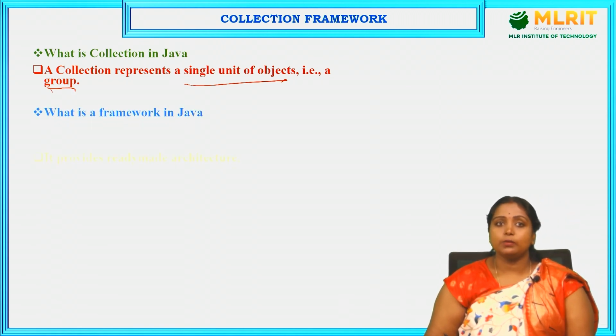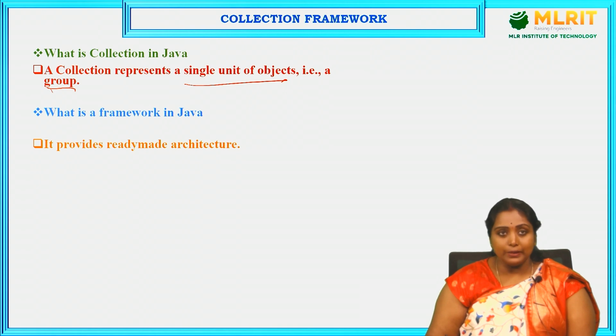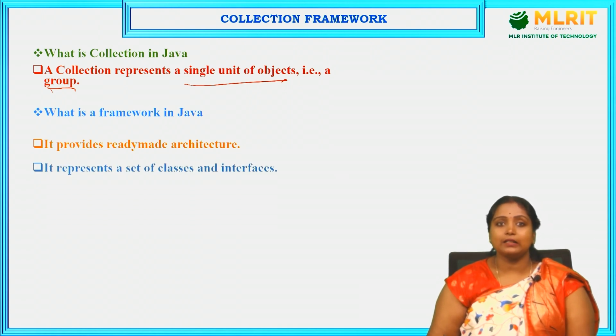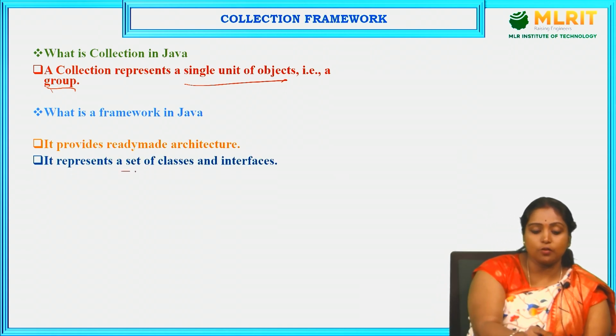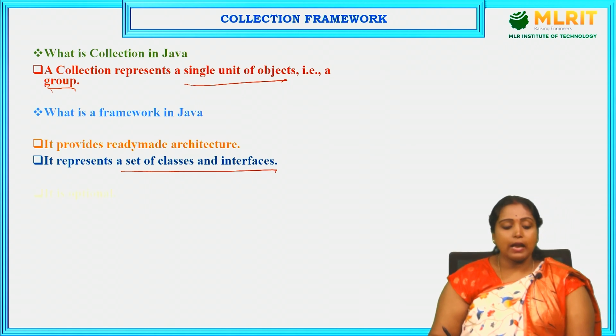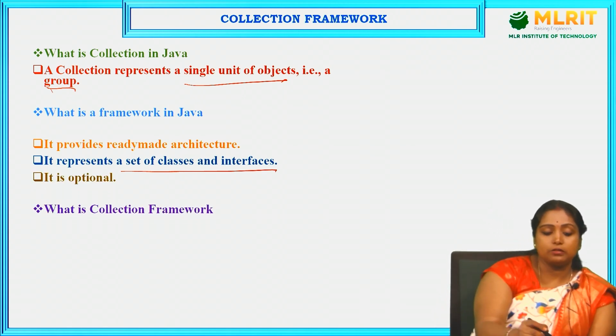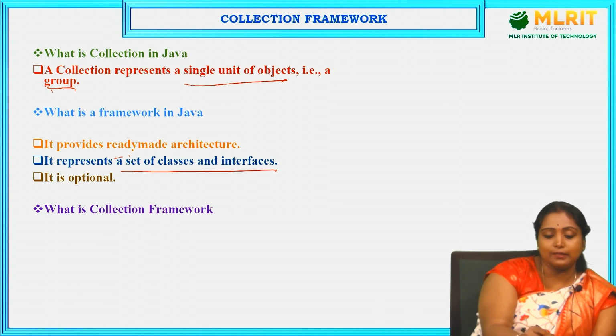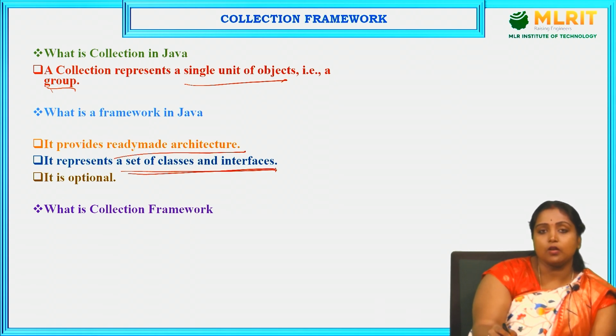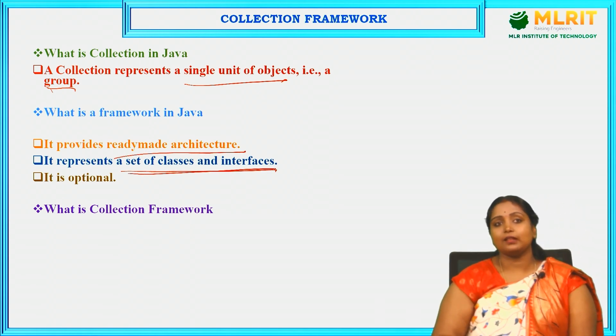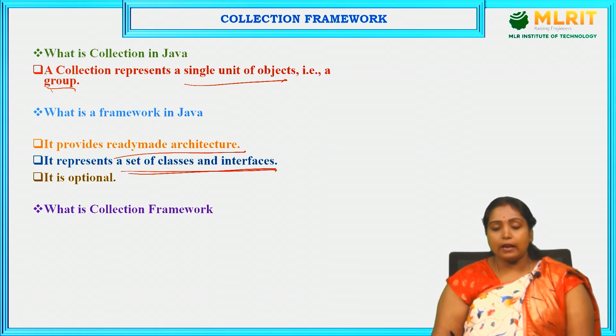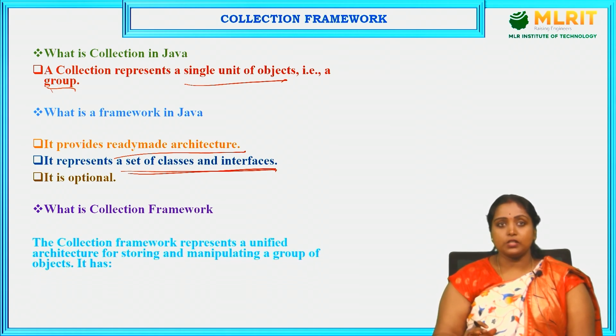And what is meant by a framework? A framework provides a ready-made architecture, and it represents a set of classes and interfaces, and it is optional as well. And what is the collection framework? The combination of framework and collection.